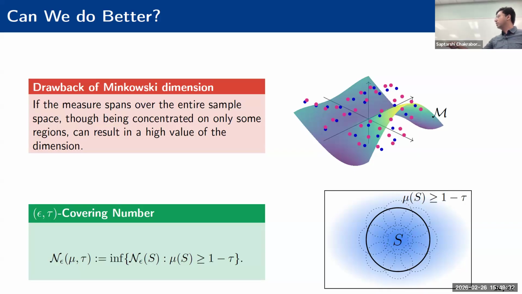So you find a cover of a set, and you find the number of epsilon boxes or epsilon balls you need to cover a probability of at least 1 minus tau. For tau, you don't really care about a little region, but you only care about where the chunk of the mass lies for this probability distribution. And of course, tau will vary based on epsilon.